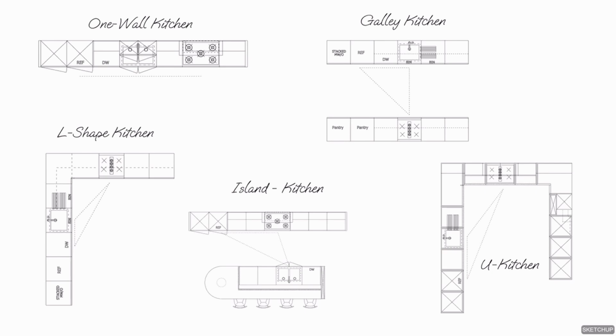Another popular option is the L-shaped kitchen, great at maximizing space with 2 adjoining walls. For larger areas, consider the incorporation of an island kitchen, a galley kitchen, or even a U-shaped kitchen design.